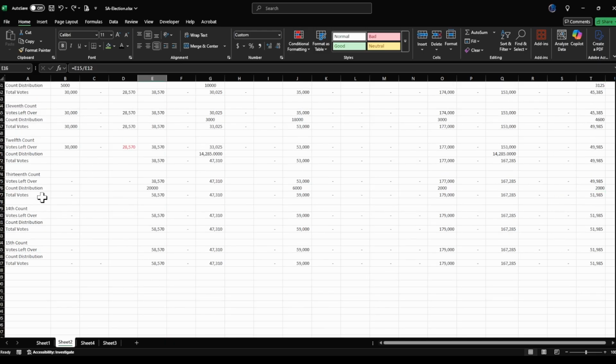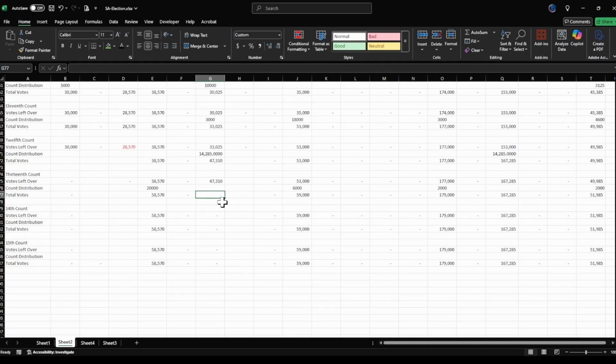So now we're down to, oh, that's got 58,000 votes. So the party that is now being taken out is actually this party here, because at the moment they only have 47,000 votes. This is 59, that's 179, that's 167, and this is 58. So this is the party that gets taken out next.